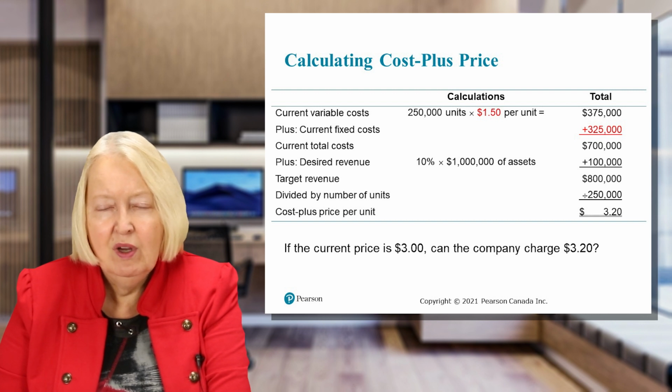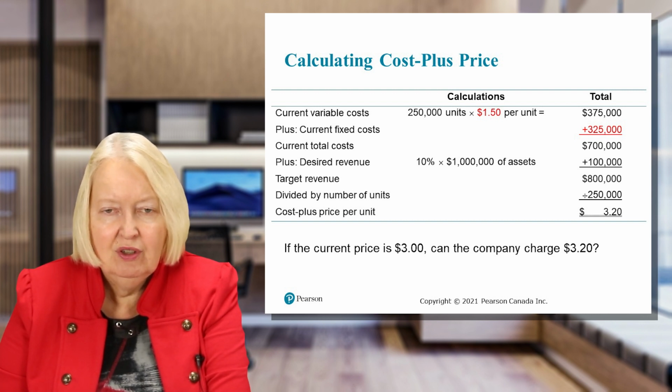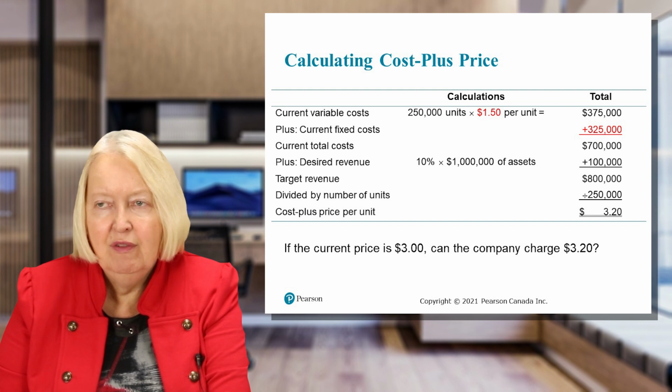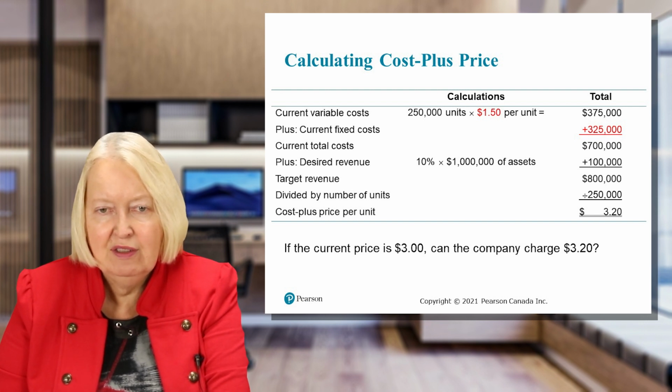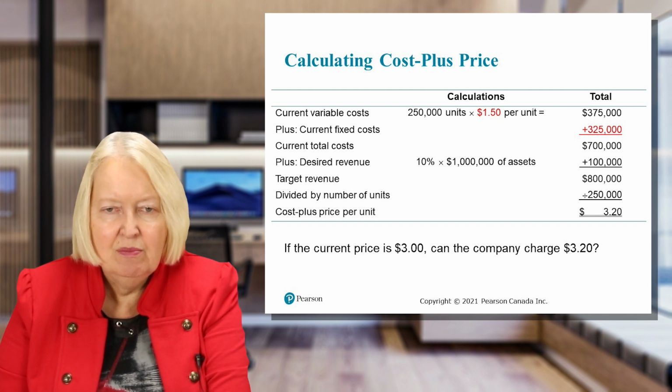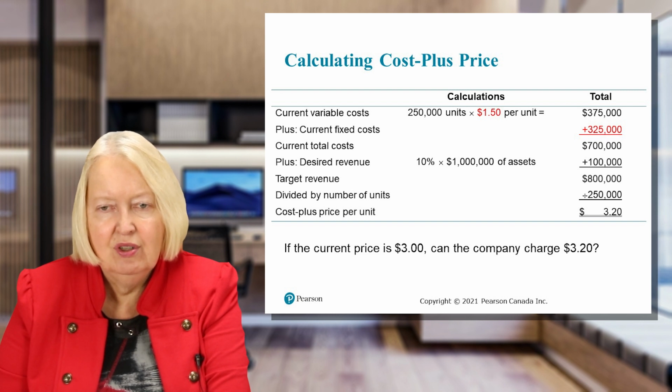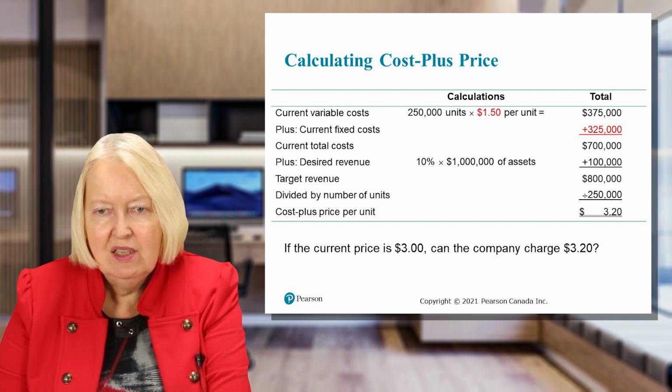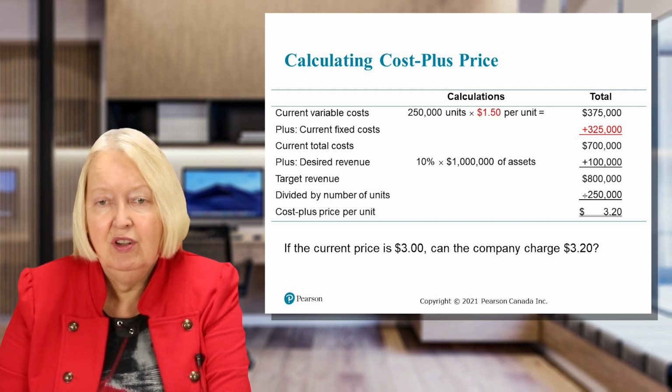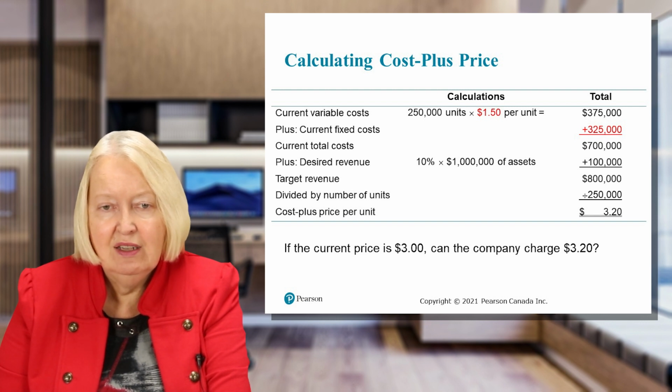So they might want to make a certain return on their investment. So if you have $1 million worth of manufacturing assets, you might decide, I want 10% return, so $100,000 profit here. So that would bring you up to a total revenue of $800,000. So $700,000 to cover your costs and $100,000 for your profit.